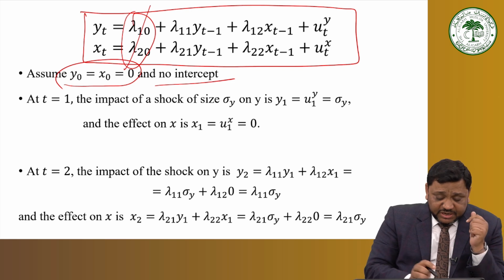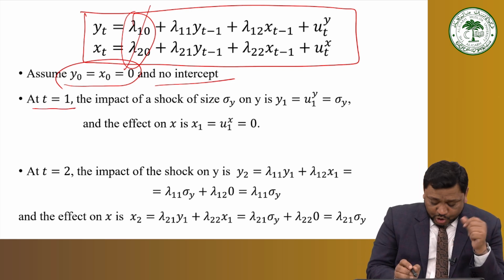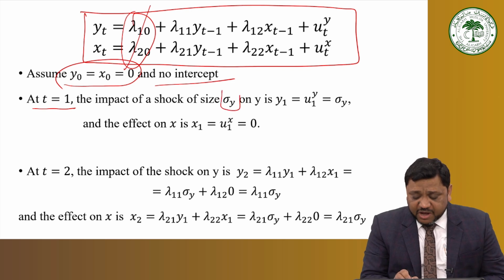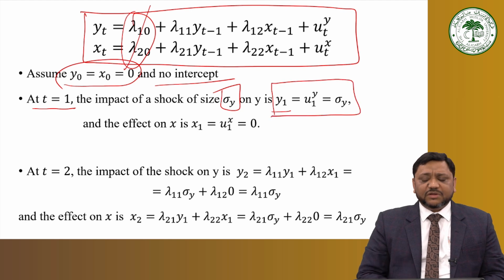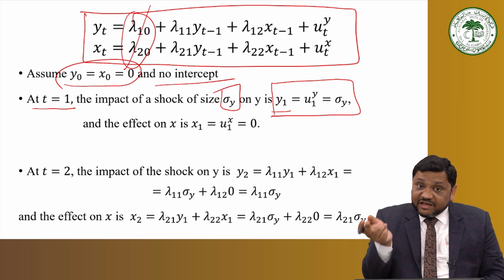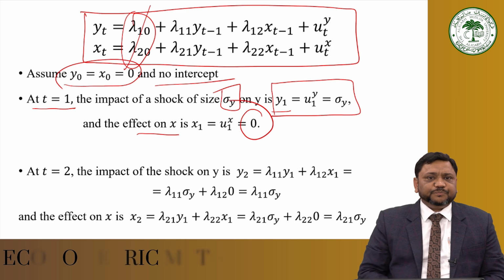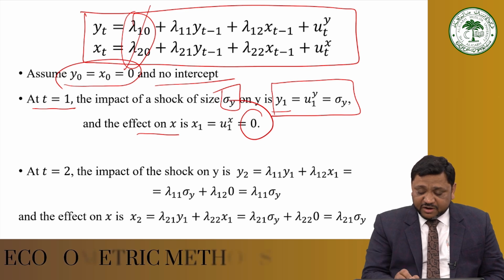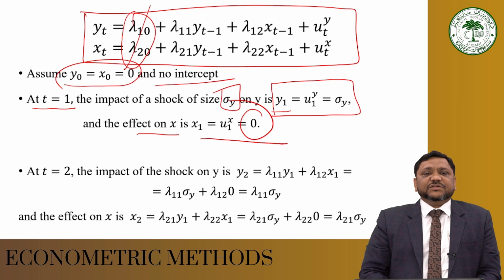So at time t equal to 1, the impact of a shock of size sigma y on y is y1, that is equal to uy1, which is equal to sigma y, and the effect on x is 0, because the impact is on y.